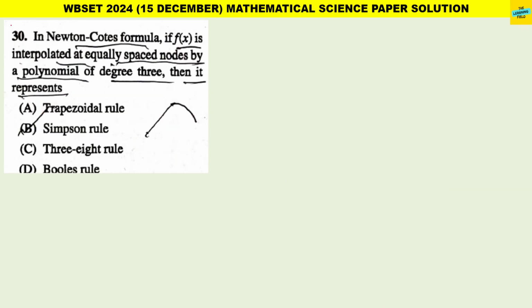Next question. This is a question from numerical analysis. It says that in a Newton-Cotes formula, f(x) is interpolated at equally spaced nodes by a polynomial of degree 3, then it represents.